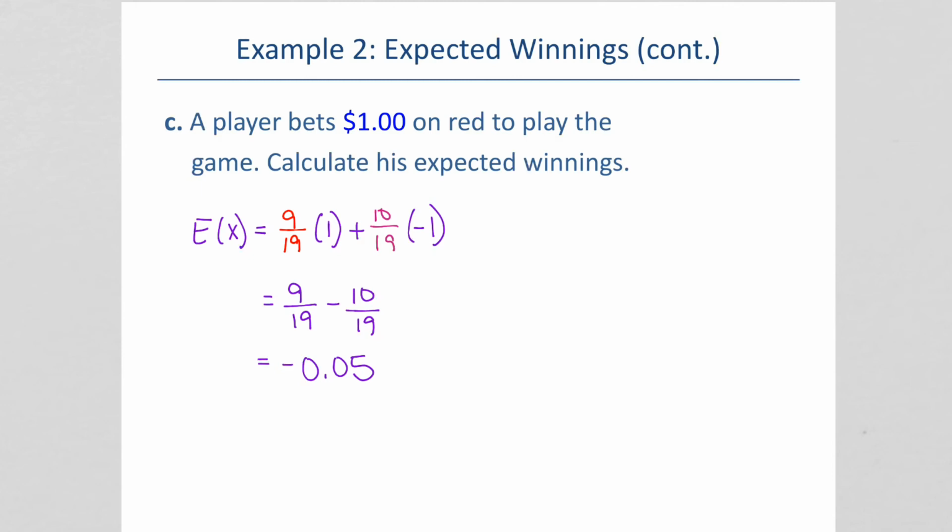But the idea here is if you were to take thousands of players that are going to bet $1, or if he were to bet thousands of times $1 on a red, then his expected value at the end of thousands and thousands of bets would be that he would lose a nickel. And that's the end of that section.